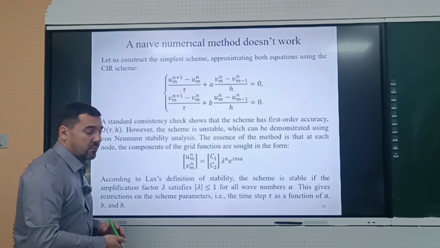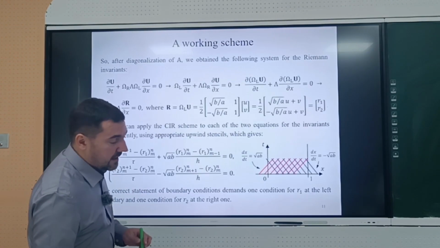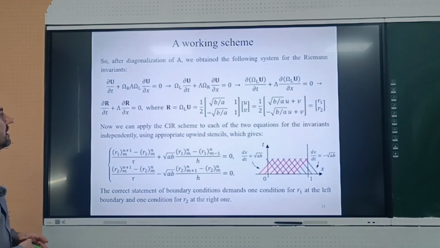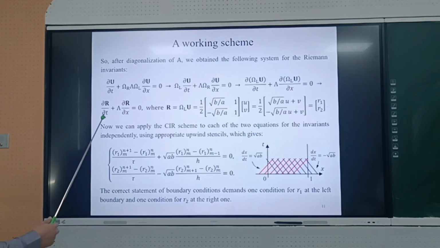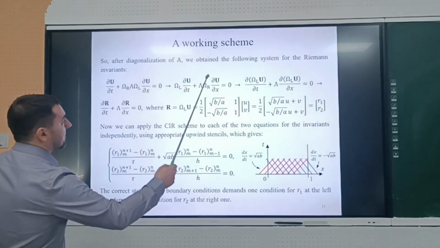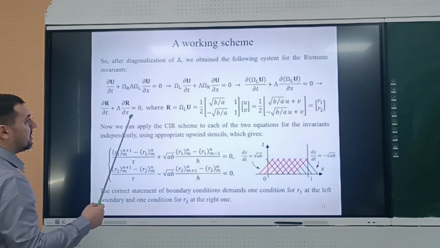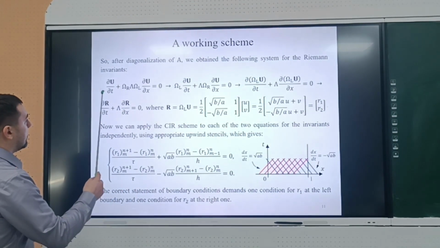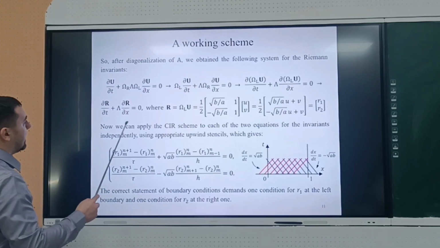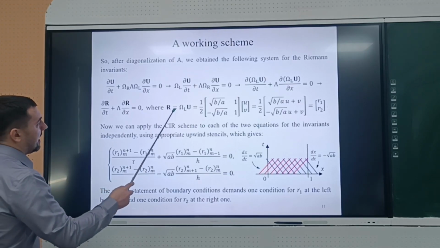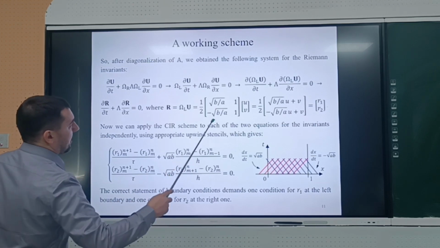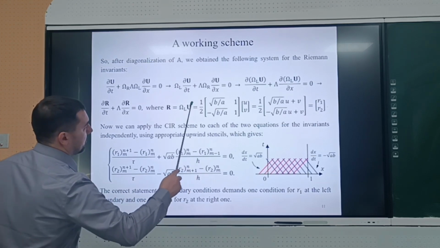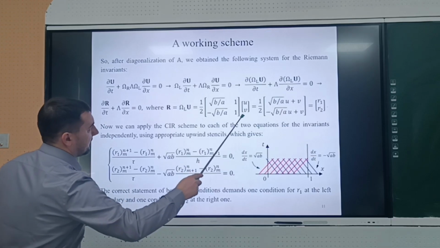But what should we do in this case? Instead, we should use the Riemann invariants. So we should build our scheme based on Riemann invariants. How can we write our system in this case? dr/dt plus lambda dr/dx, where r is omega L times u, and omega L is inverse to omega R. Again, we should multiply this matrix by the vector (u, v).